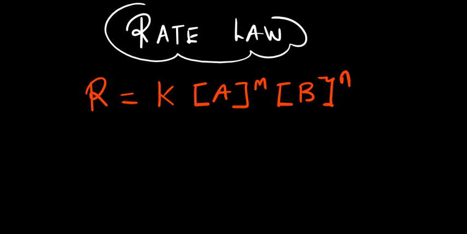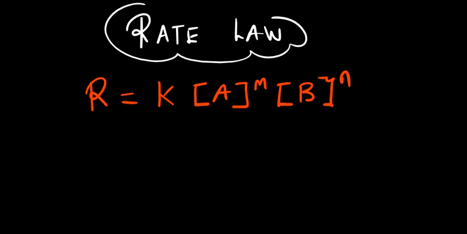So what are you now supposed to understand? The rate constant itself, the K that you are seeing, just relates the reaction to the concentration of the reactants. So if I'm going to find the constant, I'm just going to divide by the concentration on both sides.